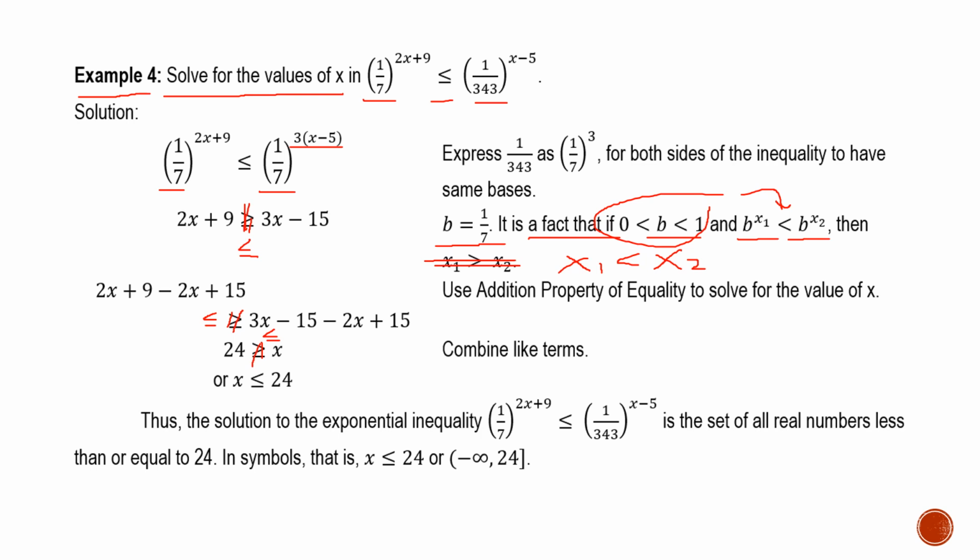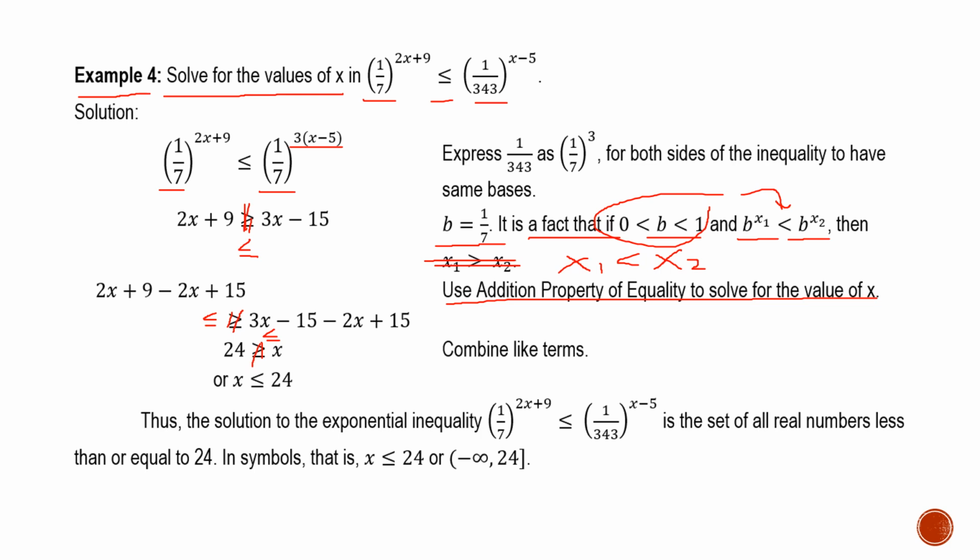Then we continue. We apply the addition property of equality to solve for the value of x. Here, we correct some typographical errors and solve for the value of x. So we apply the addition property.